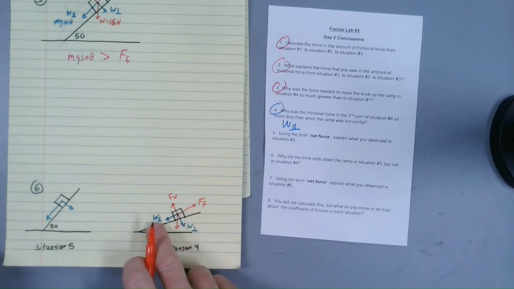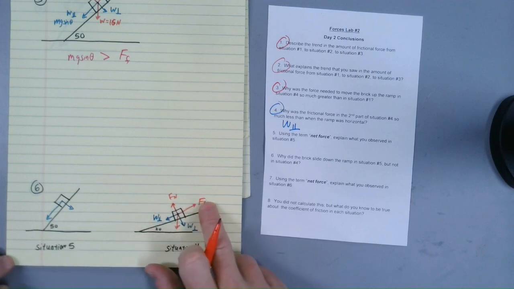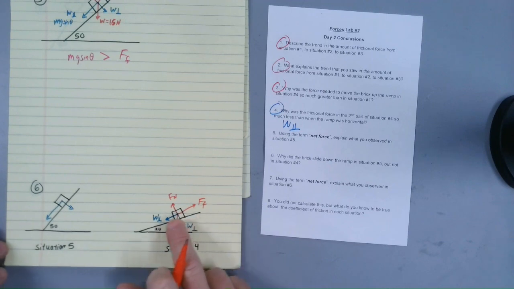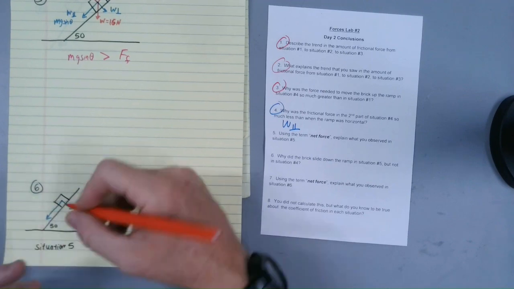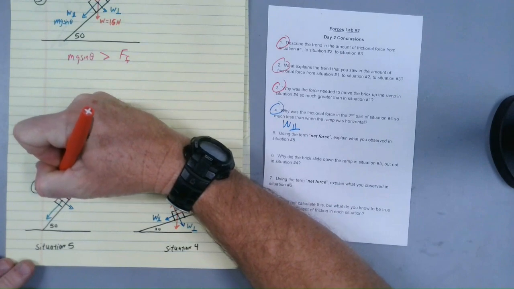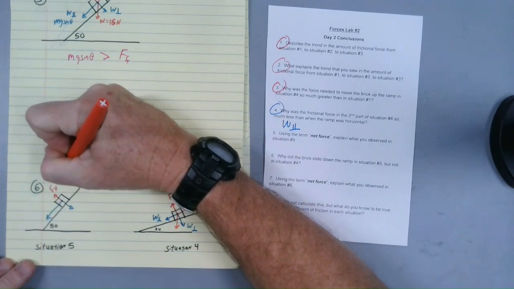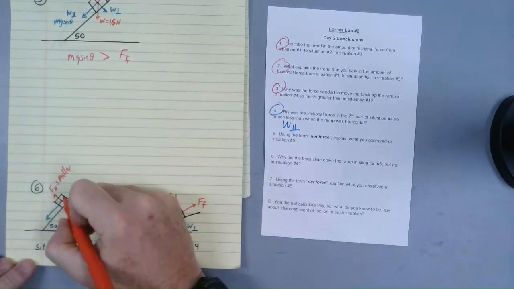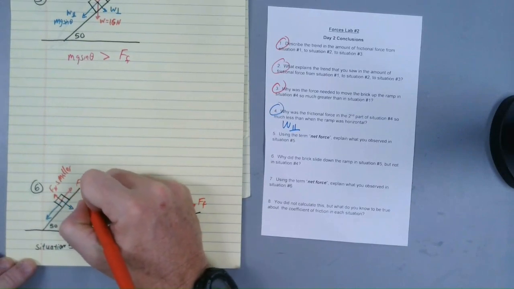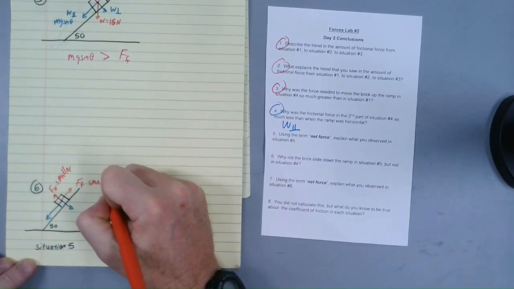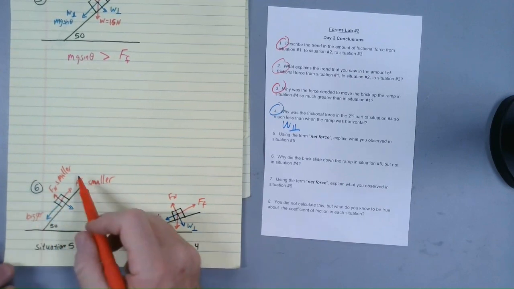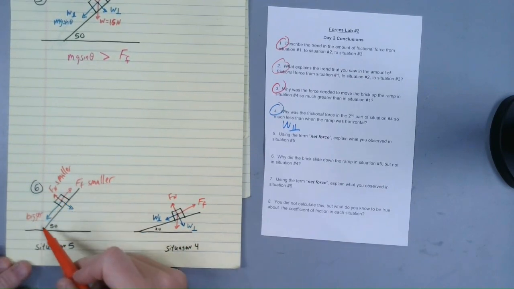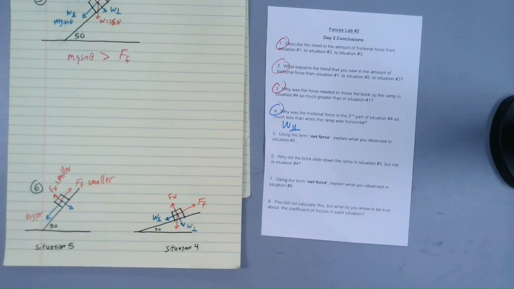So the parallel weight isn't enough to overcome the maximum frictional force, so the block doesn't move. But in number 5, because we've increased the angle, which made this smaller, that made the frictional force smaller, this guy got bigger. Now we have a net force, and it accelerates in that direction.